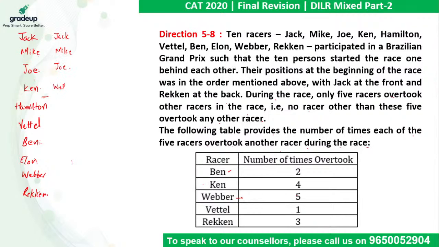So when Weber comes here, let's consider Ken came one step down, Hamilton came here, Vettel will be here, right? So Ben will be here, Ian will be here, Reckon will be here. Now only Ken can overtake 4 racers. So when Ken overtook these 4 racers, Ken will be at position number 1, then it will be Jack, then Mike, then Joey, and then Weber, right?